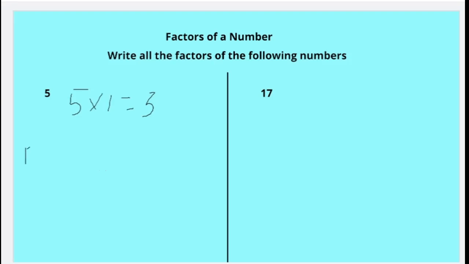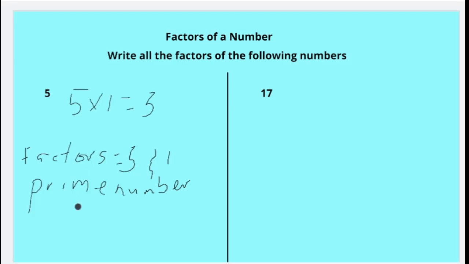Factors of 5, sorry, are 5 and 1. And it is only 2 factors, so it is a prime number.